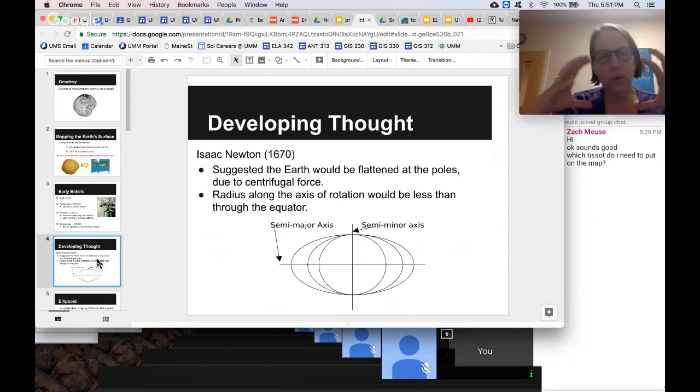And there's a really important reason for why the Earth would be squashed. It's because the Earth is not solid. So think about it like this. Let's say you had a ball of really cold ice cream, but ice cream, even when it's cold, is still kind of malleable.